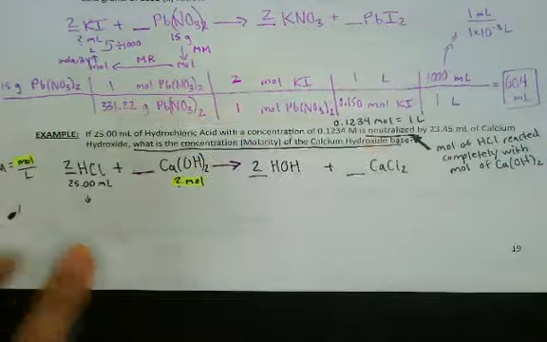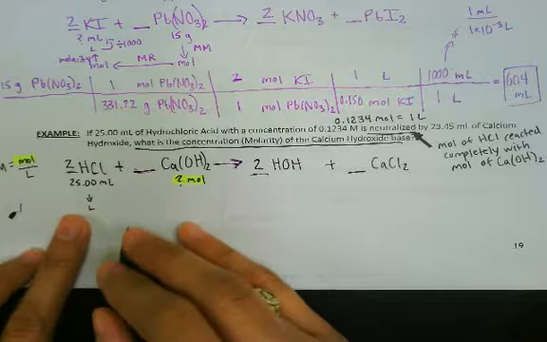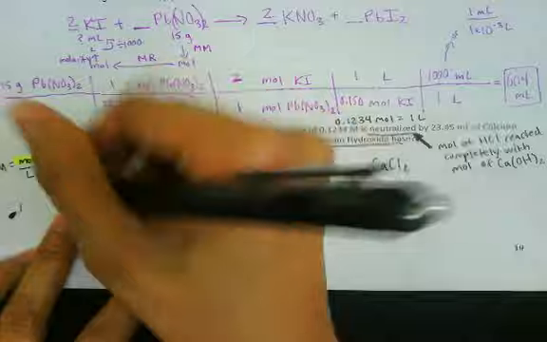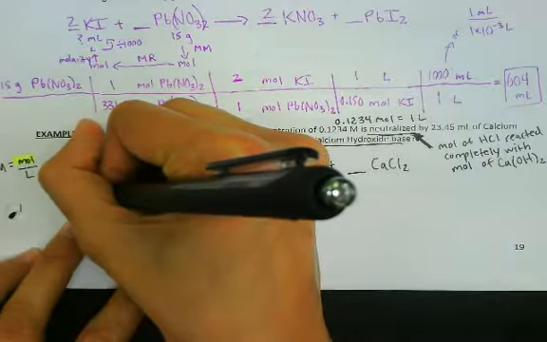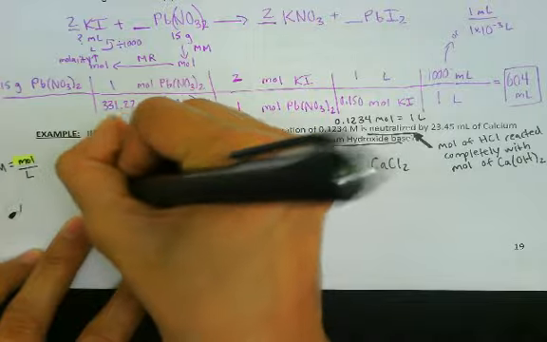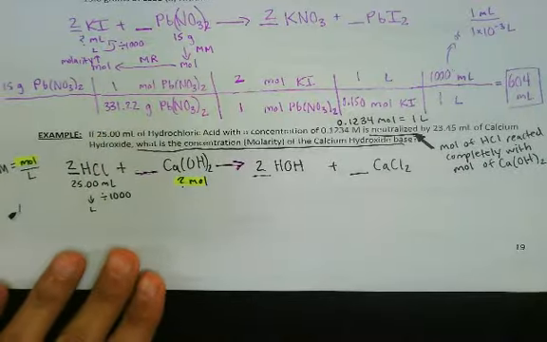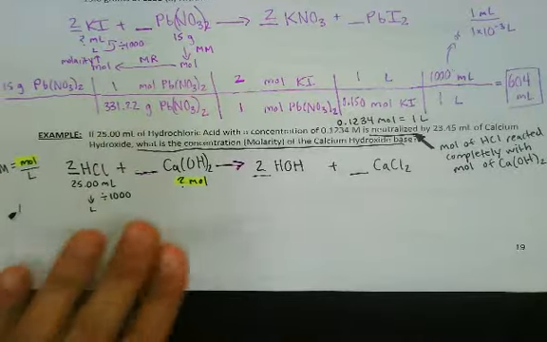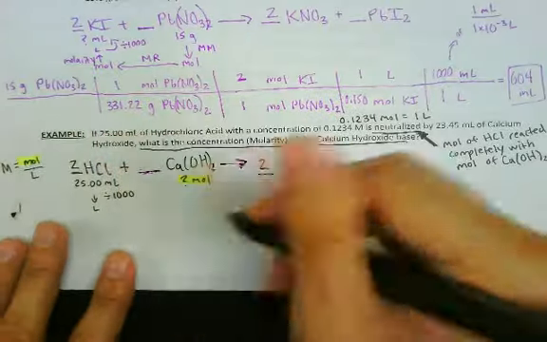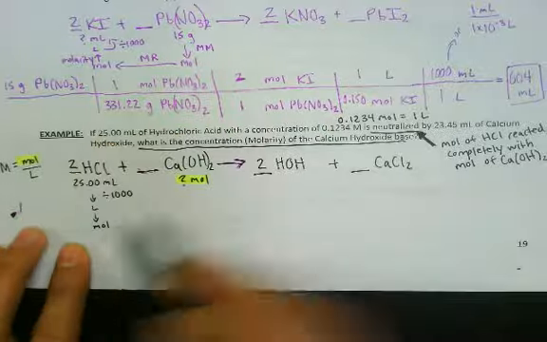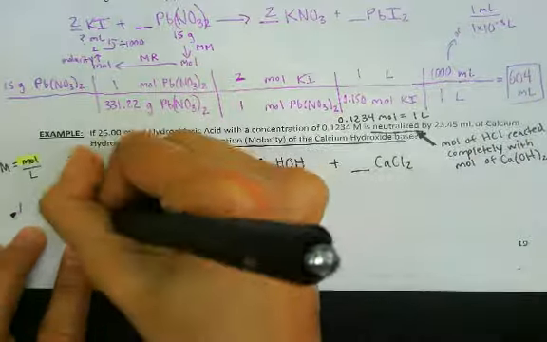We were going from milliliters to liters; you can divide this by 1,000, sorry. Divide this by 1,000 to get to your liters, and then you can get to your moles using your molarity, like we just saw.